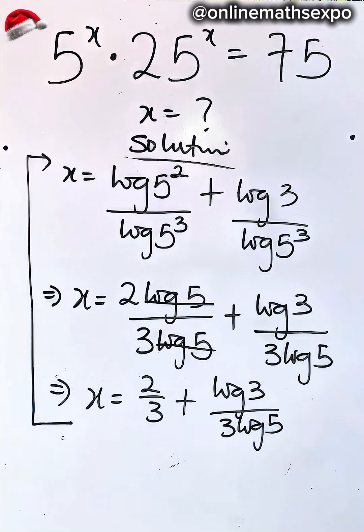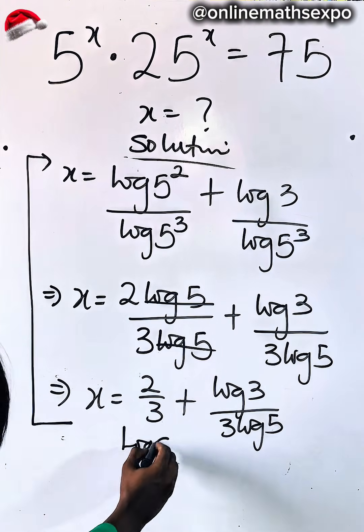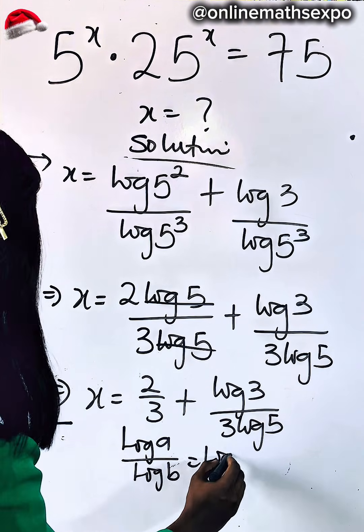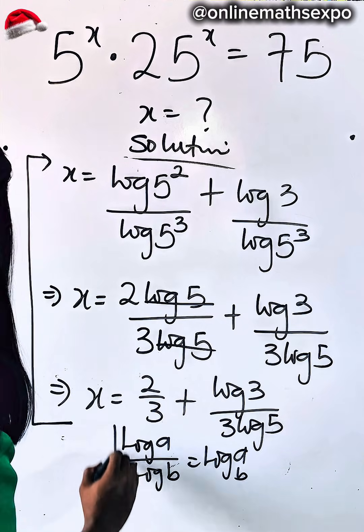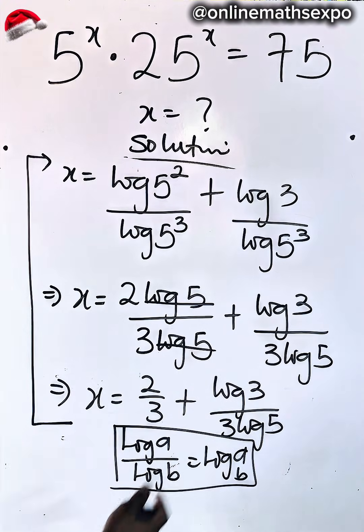Now, what do you do at this point? You just need to remember that for every log of A divided by log of B, it's always log of A base B. So we are going to apply this here to help us to simplify.